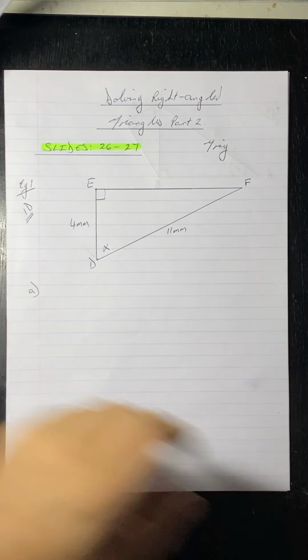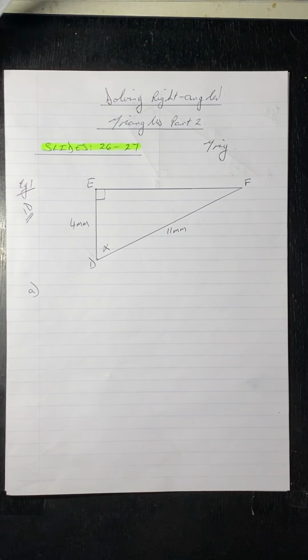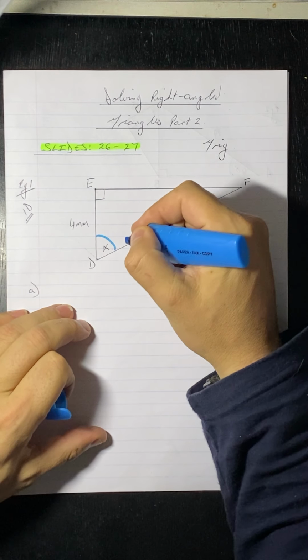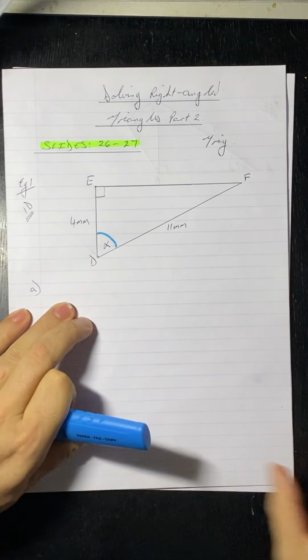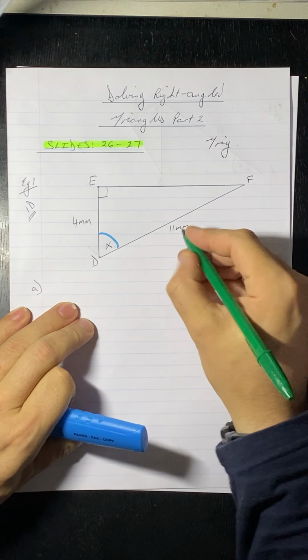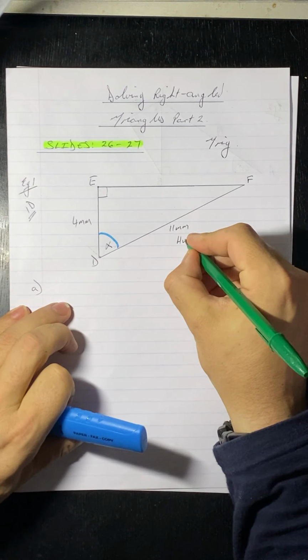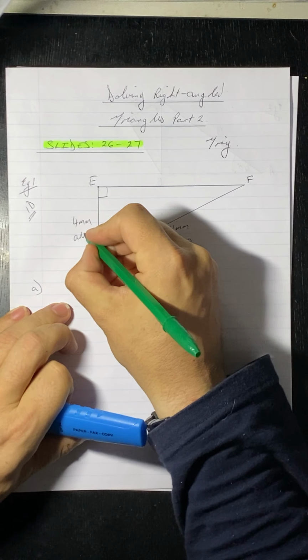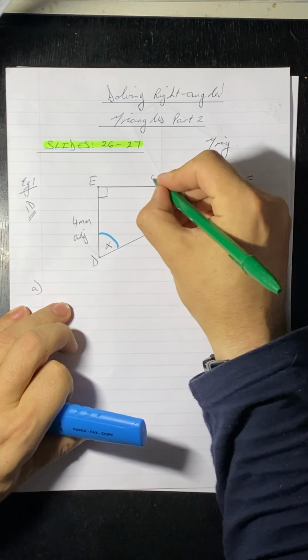Okay, so from that given angle, I just want to find my opposite, adjacent, and hypotenuse. So immediately, straight off, opposite the 90 degrees, that's our hypotenuse. This here would be our adjacent. And this here would be our opposite.